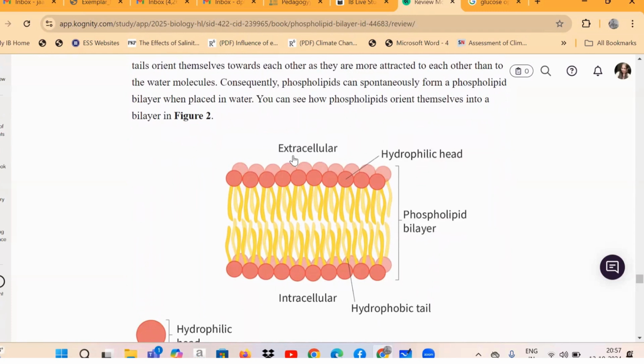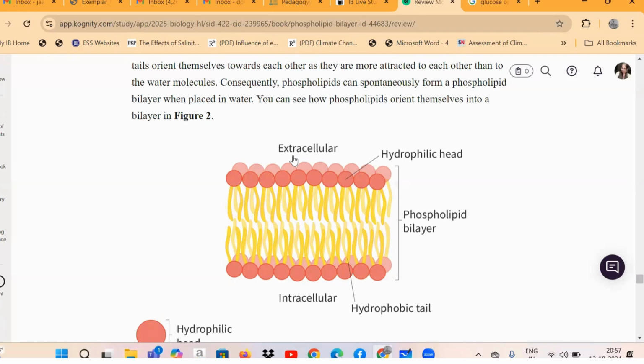What happens when you place a phospholipid in water? Is the whole thing submerged?